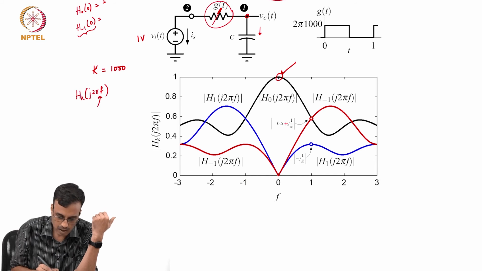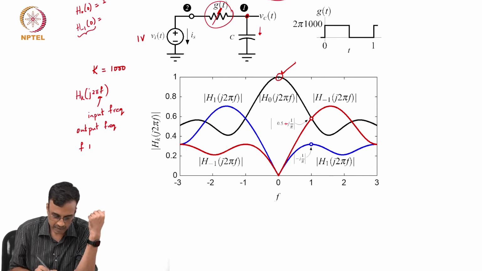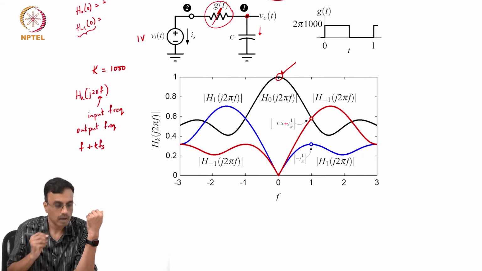So this is the input frequency, and what is the output frequency? f plus k times fs. All right.